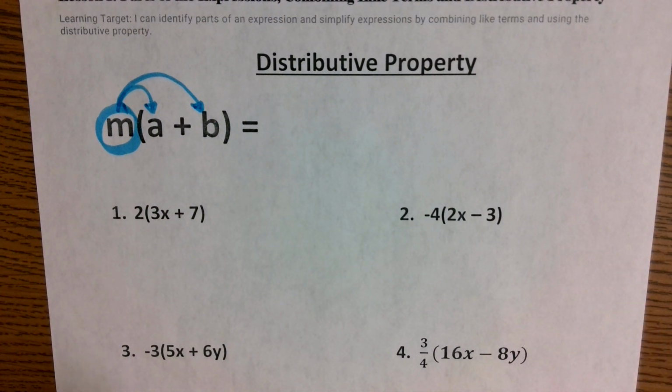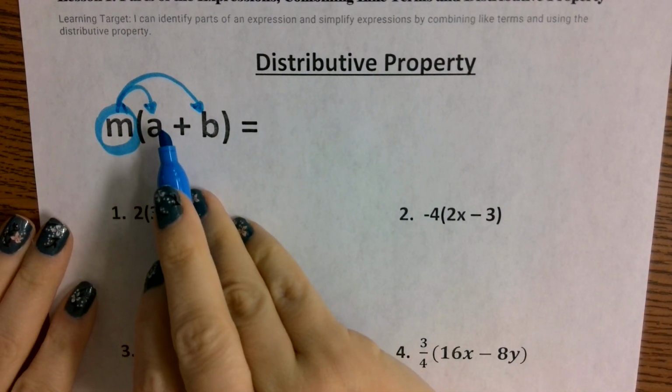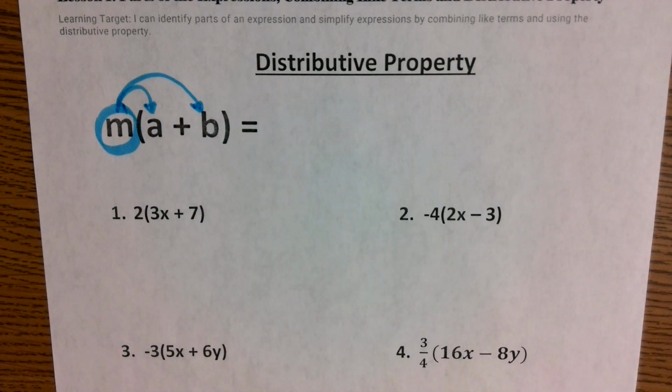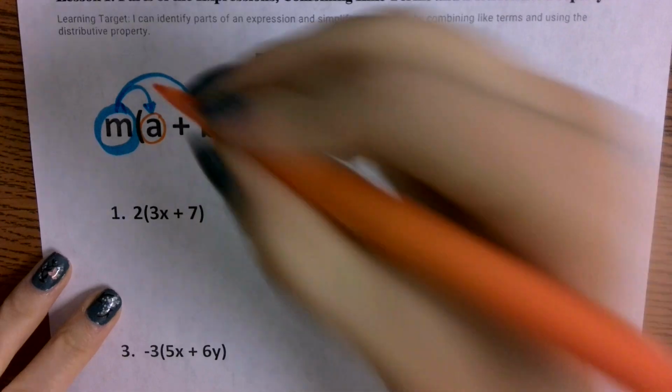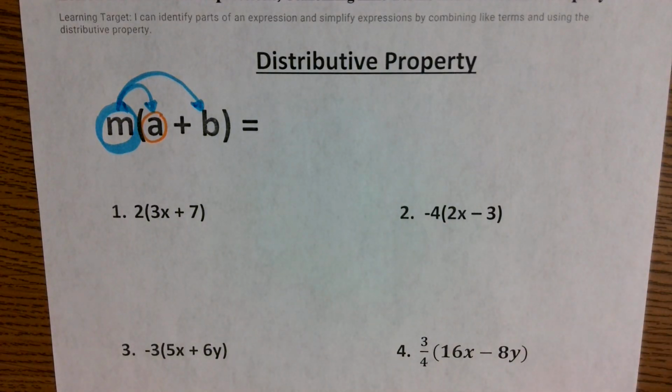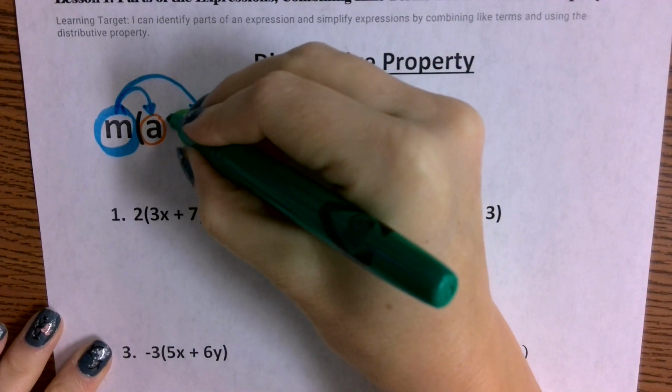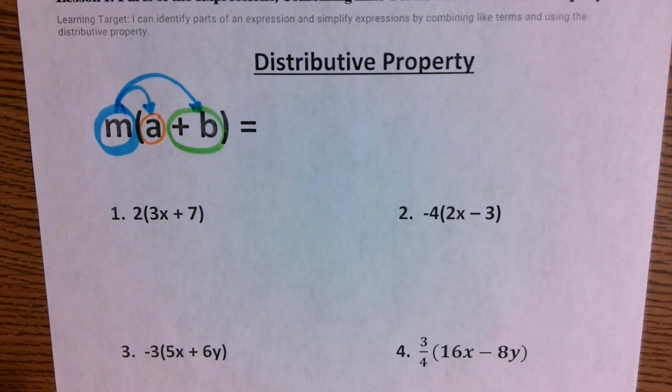Meaning that you are taking m and multiplying it to the a, and you are also multiplying it to the b. So a is a single term, and the value b, not just b, but plus b or minus b, that is also a single term.